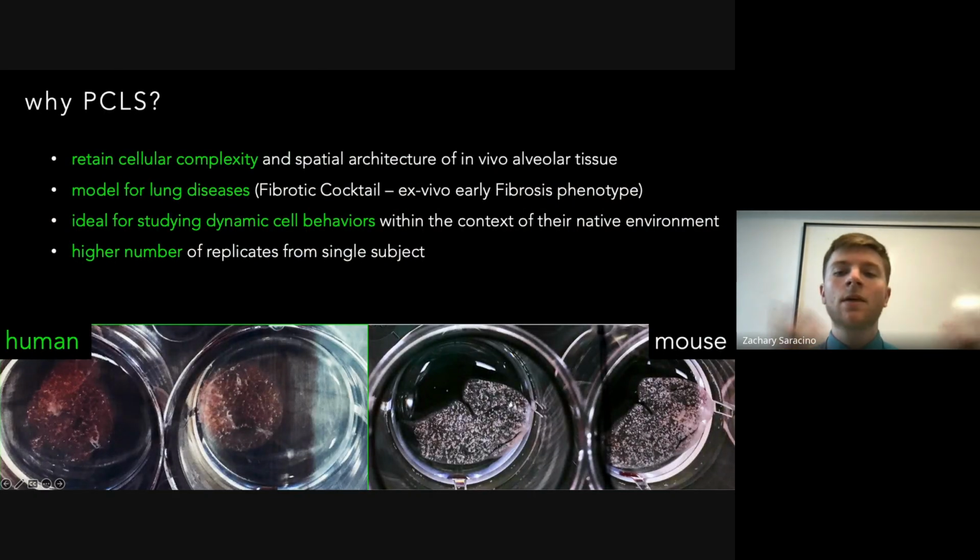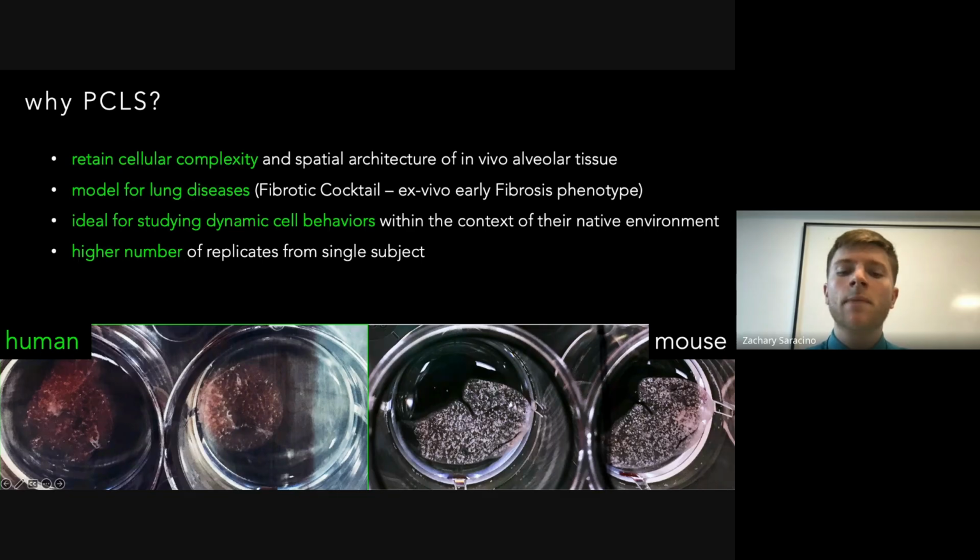So why PCLS, right? Why did we decide on this for our system and for the experiments that I'm conducting? Well, PCLS is a great system because it turns out that it preserves lung tissue structure and cell-to-cell interactions quite well. It's basically sections of live lung tissue that can be cultured ex vivo for 5 to 7 days.